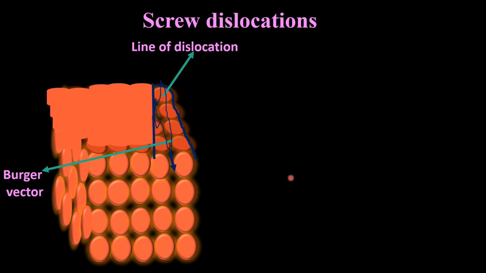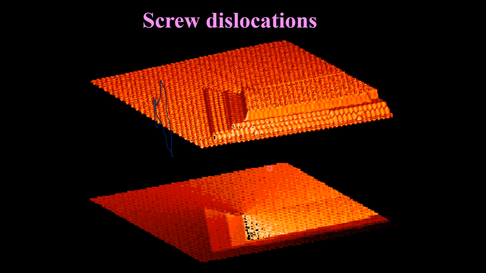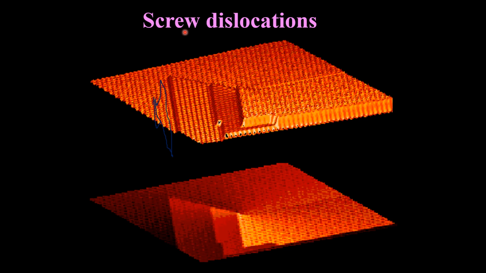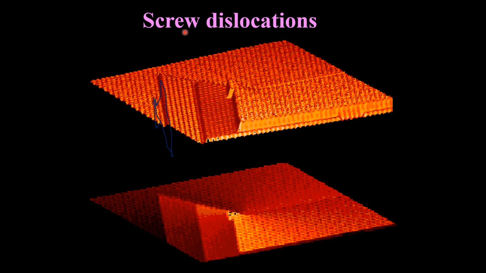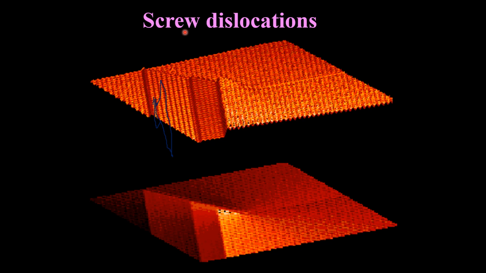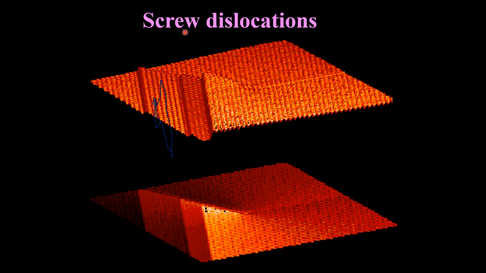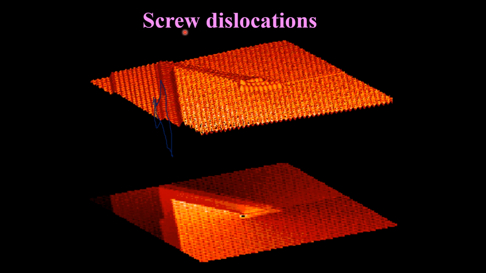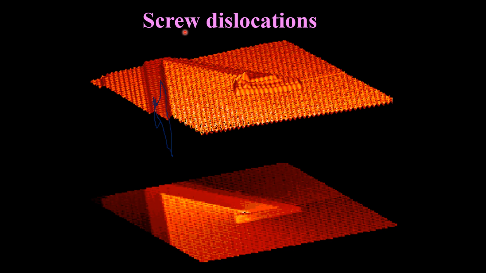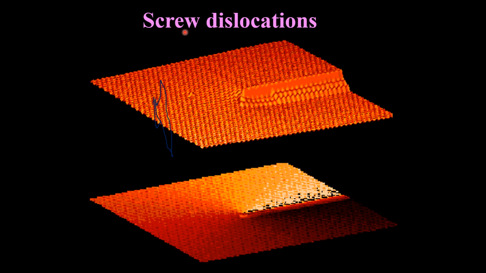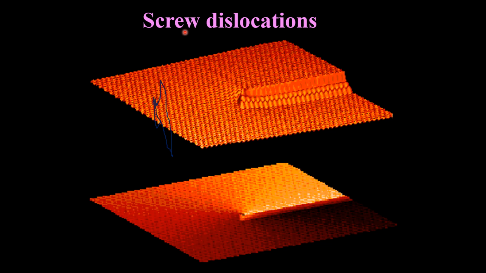So now, how do screw dislocations move? The motion of a screw dislocation is also a result of shear stress, but the defect line's movement here is perpendicular to the direction of stress and the atom displacement, rather than parallel as in the case of edge dislocation. When the shear stress is applied to one side, the atoms move to their new position.